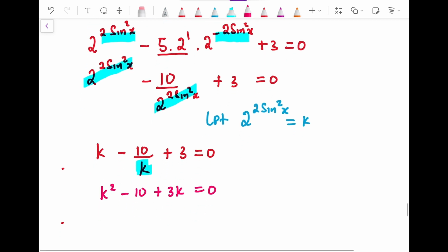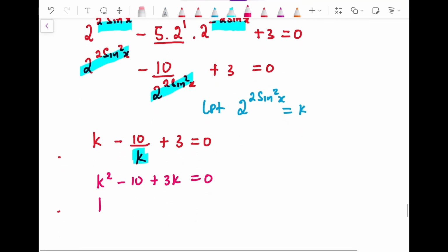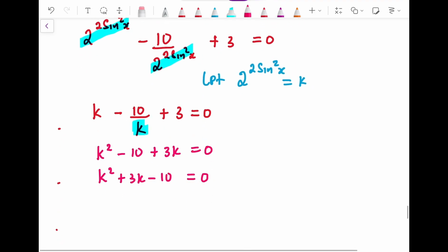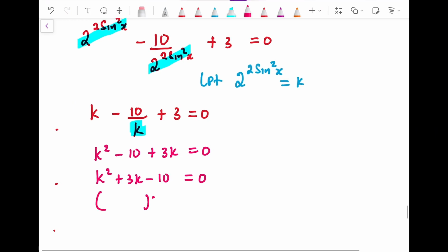So write this in standard form. So it will be k squared plus 3k minus 10 is equal to 0. Now, I am looking for factors of 10 that I will subtract and get 3. So factors of 10 that I will subtract and get 3 are 5 and 2.